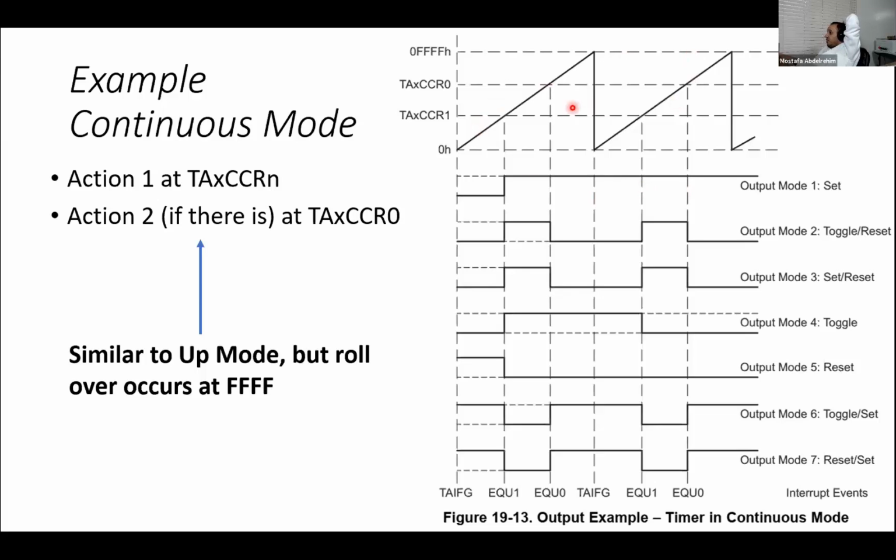Okay, let's also have this example. Here in the continuous mode, we are counting until we reach the maximum value possible, which is 4F. So set. Again, this is one condition, so we are tied to register TxCCRn, in this case 1. Whenever you reach the count, you set. There is no action here because we are setting, but the output itself was 1, so we just continue at 1.